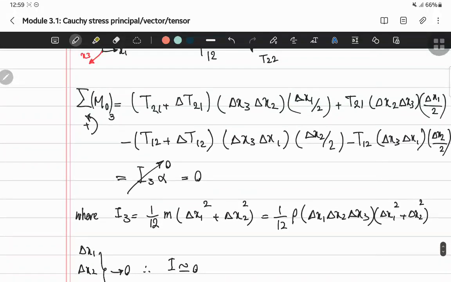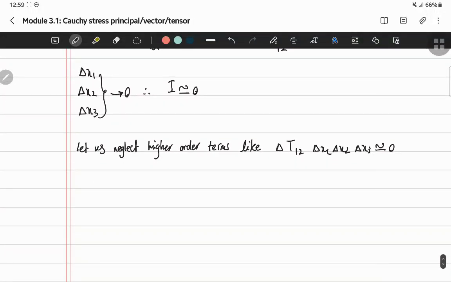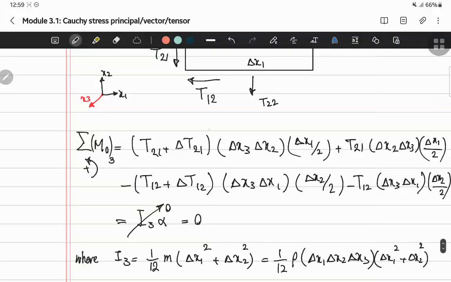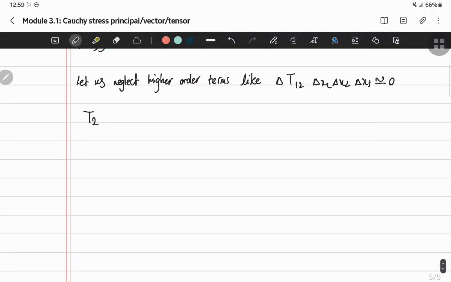So finally, what we get is t21. So we neglect these, and we have 2. So this 2 goes with this 2. It's not important. Then we have t21 minus t12 times del x1, del x2, del x3 is equal to 0.